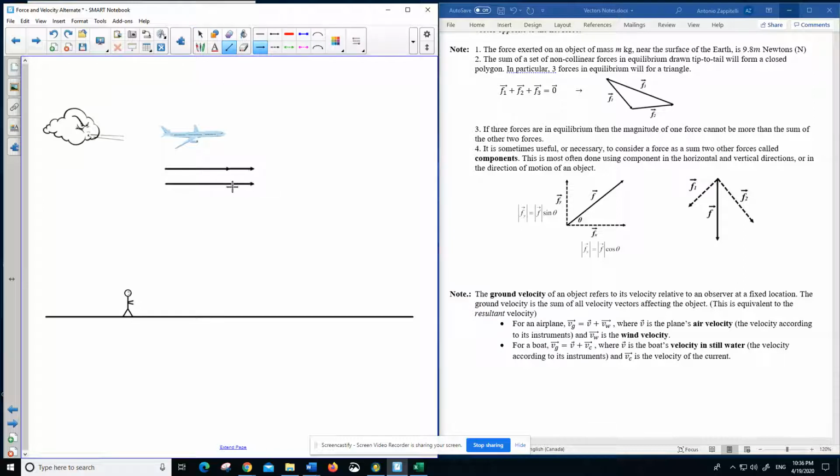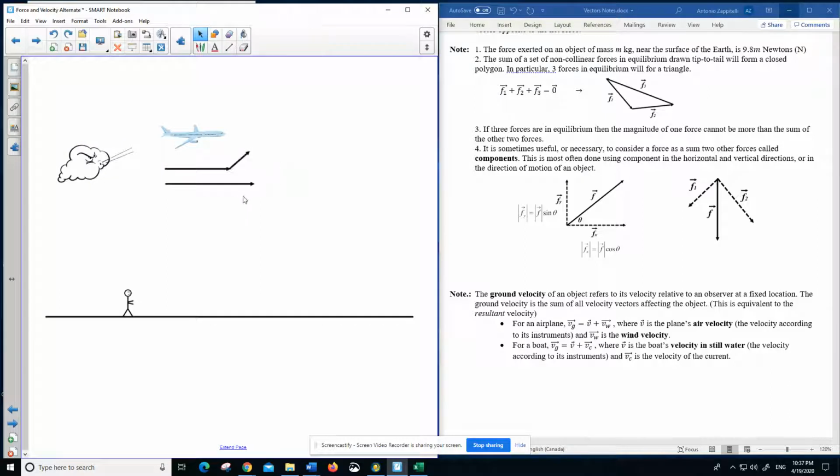So this is why we call this the ground velocity. The resultant velocity is often referred to as the ground velocity, what someone on the ground would see the plane moving at. Now, of course, the direction of the plane and the direction of the wind isn't always going to be the same. Okay, so let's say the wind has this direction.